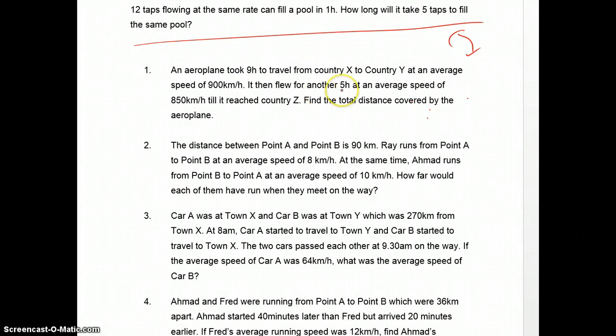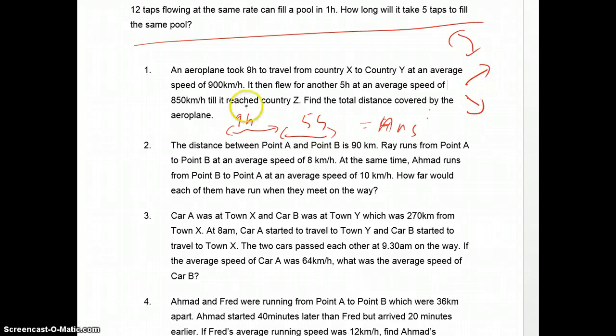So for the first one, we will have to divide the whole journey into 2 parts. Find out the distance for the first part of 9 hours, and then find the second part of 5 hours. Afterwards we will just add them up together, and we will get the answer. For this type of question, there could be a few variations.